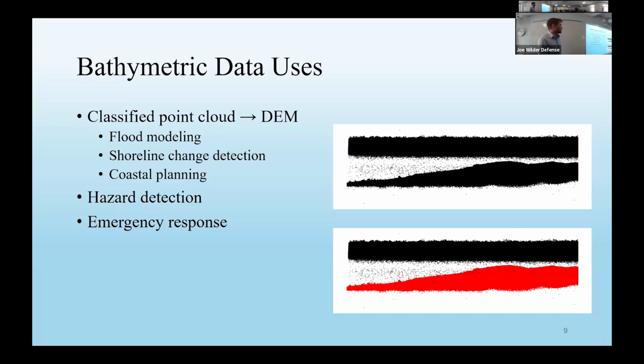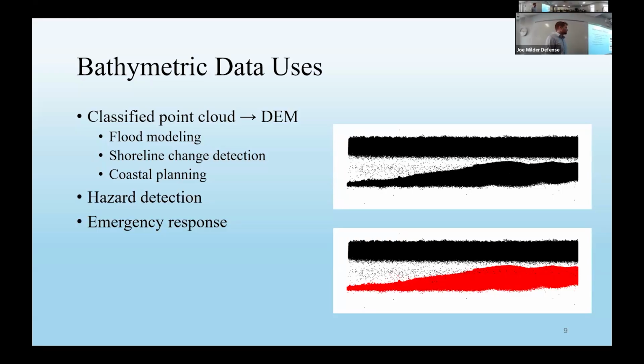So what are some different uses for this data? One big thing that NOAA does is they use the classifications to make digital elevation models. From there, you can do a lot of different things like flood modeling, understanding how the water is moving, the currents and so on. You can also detect changes in the shoreline and do other coastal planning for infrastructure.